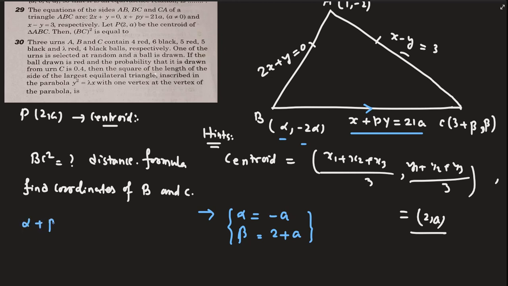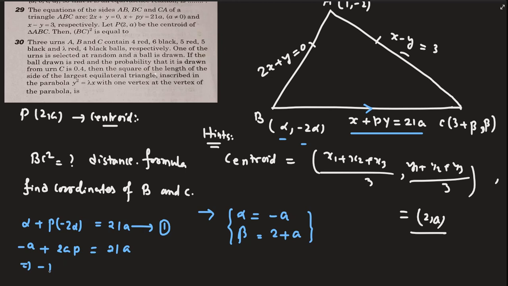Alpha plus p into minus 2 alpha is equal to 21a. So from here, if you put alpha is equal to minus a, now minus 2 alpha with negative sign, that means 2ap is equal to 21a.